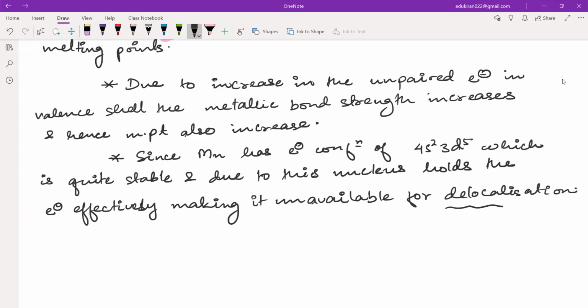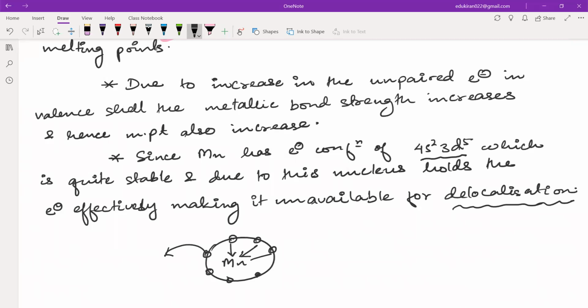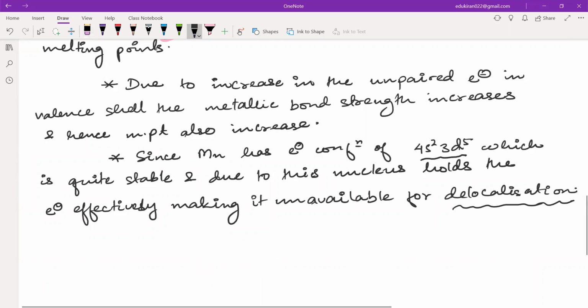If the electrons are not delocalized, they will not form effective bonds. Delocalization means the electrons in the metal are shared by different atoms. But the electrons surrounding the manganese nucleus are pulled by the nucleus more effectively because of this stable electronic configuration. That is why they are not available for other atoms for bond formation and delocalization, and that is why the metallic bond strength is quite low here, and hence it has a low melting point.